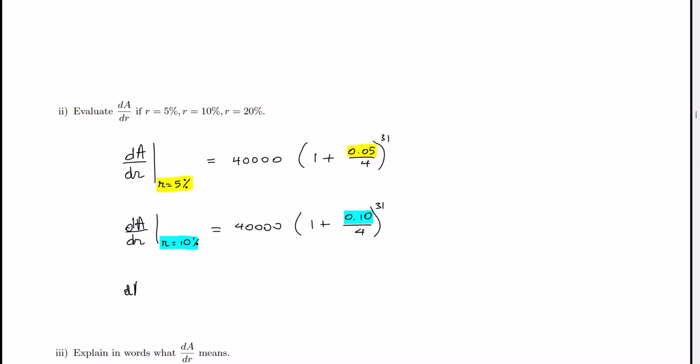And finally, for dA over dr with the interest rate at 20%, I'm going to get a similar expression with 40,000 times 1 plus 0.2, all divided by 4 to the power of 31. I wanted to write all of them down first before we look at how to plug them into the calculator. Now we can go and visit our calculator and see what the answers for each one of these will be.